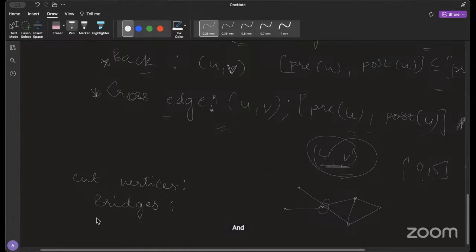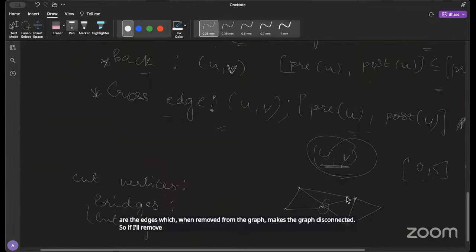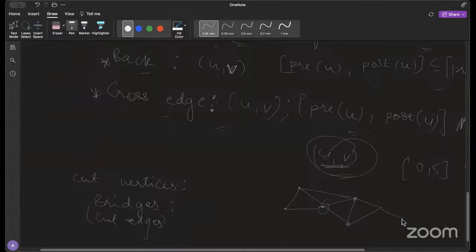And your cut edges, also called bridges, are the edges which, when removed from the graph, make the graph disconnected. So which are the edges that are going to make this graph disconnected?